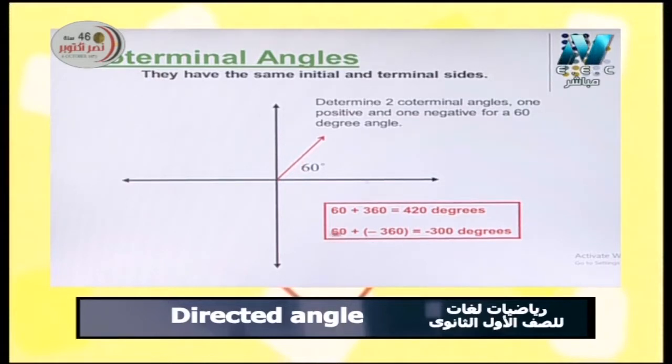This 60, we add it to negative 360. Negative means we turn to the opposite side, in the clockwise direction, so it is negative. 60 plus negative 360 equals negative 300 degrees.